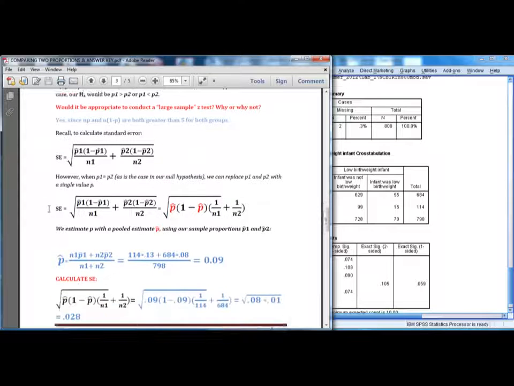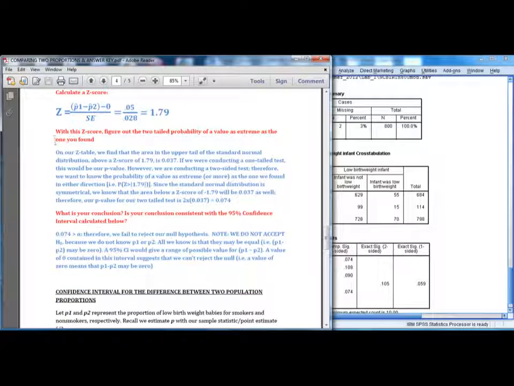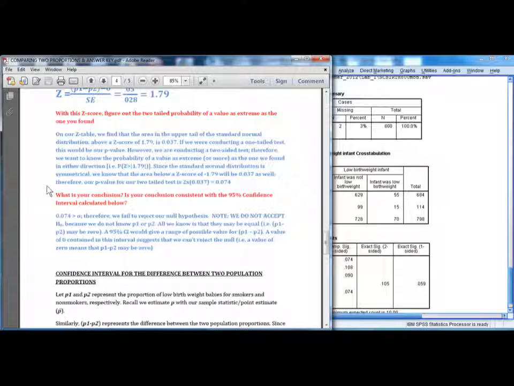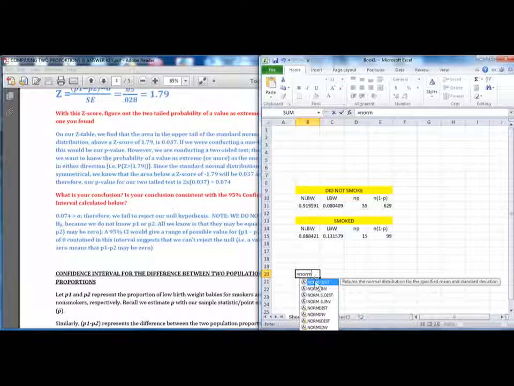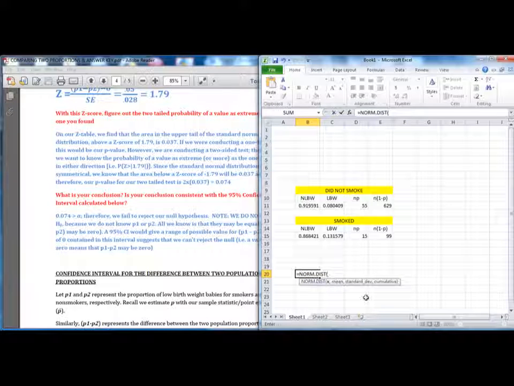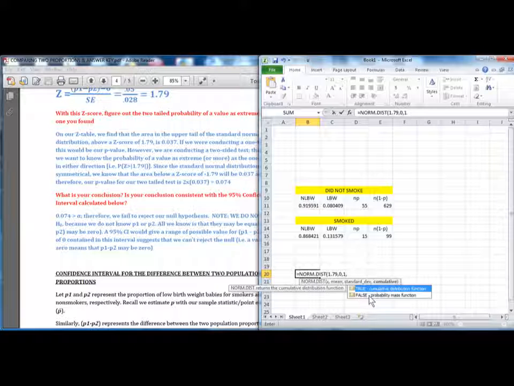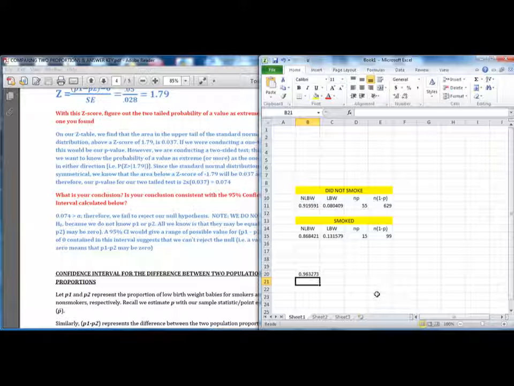And so we calculated a z-score, and we can get the p-value for that z-score using NORM.DIST. Remember, our z-score is 1.79. The standardized normal distribution has a mean of 0 and a standard deviation of 1. And we would like cumulative.